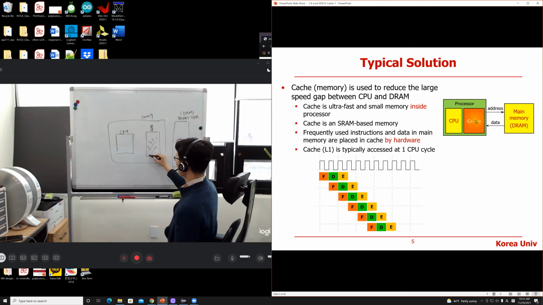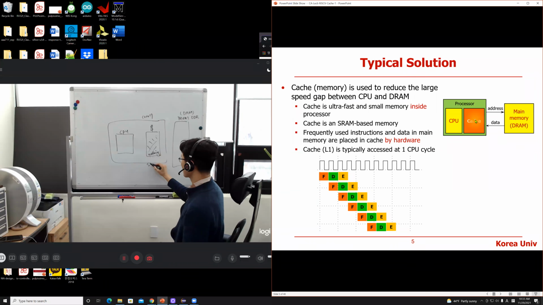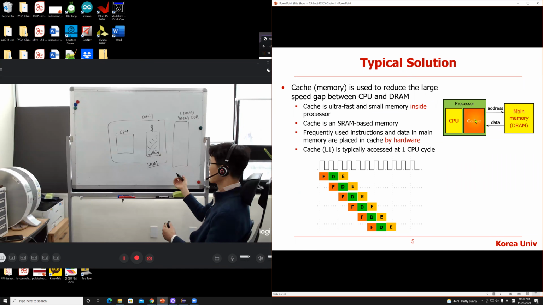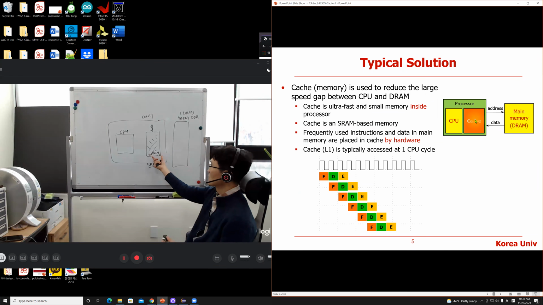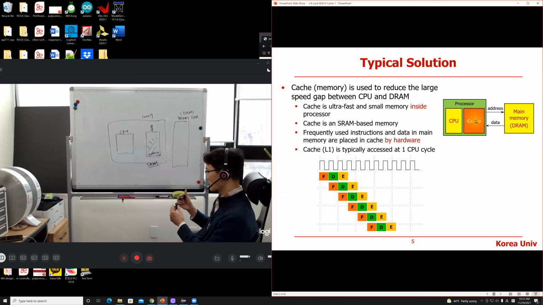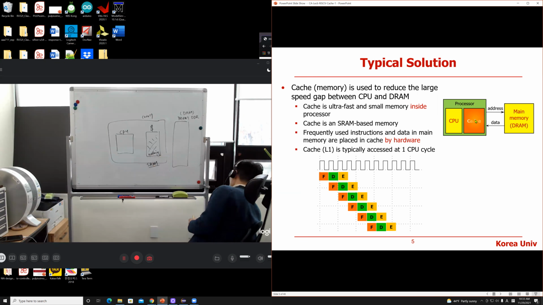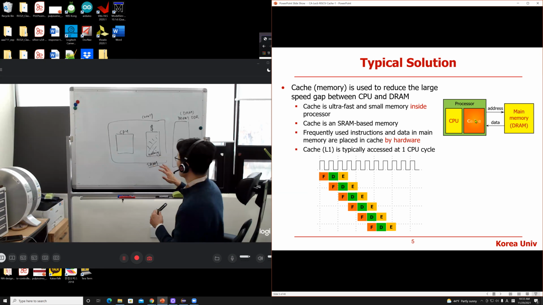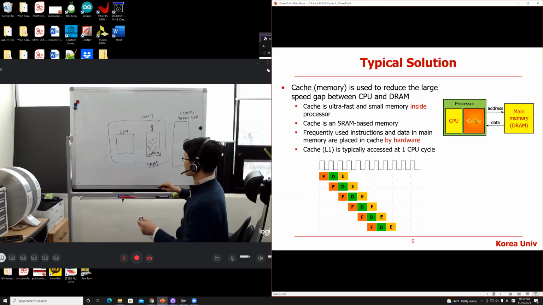It is SRAM based design, meaning if you turn off the computer, the information is gone. No information is left when you turn off.